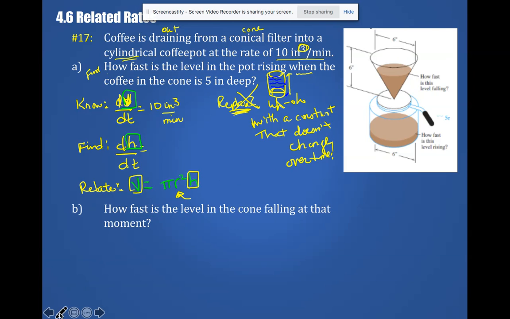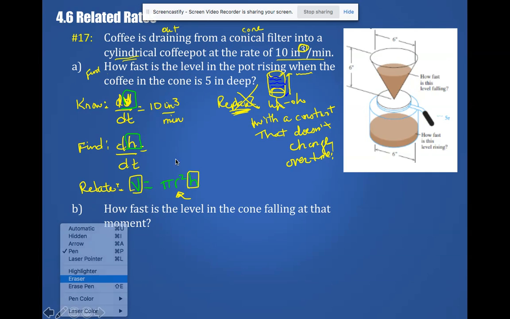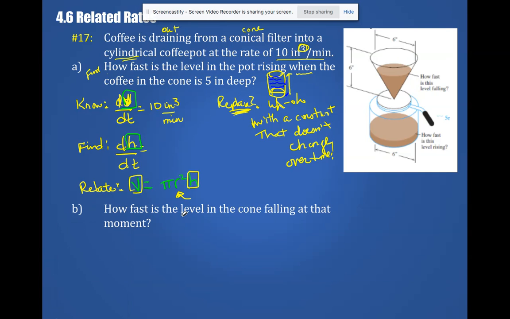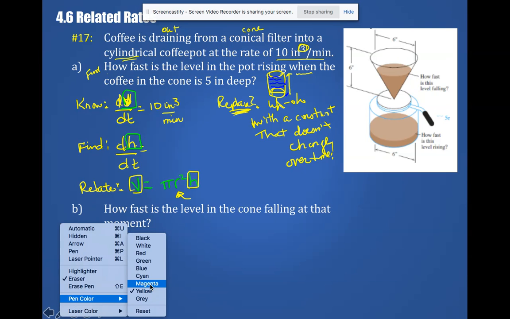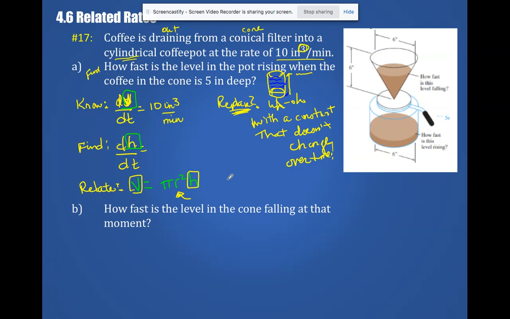I am going to replace r with 3. 3 squared is 9. So 9 pi h.